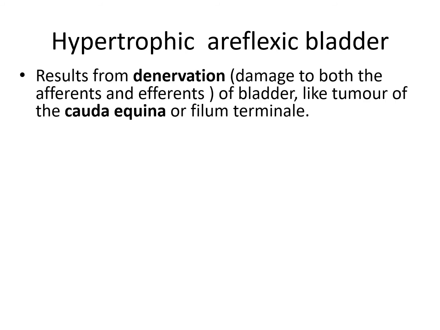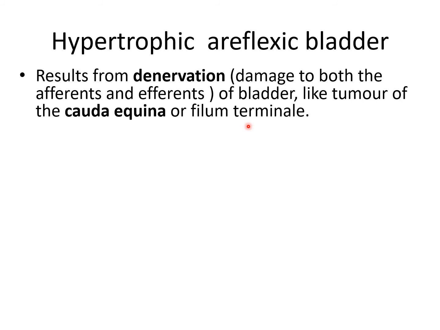Next is the hypertrophic areflexive bladder. It could be due to a motor effect, or more commonly in case of denervation of both the afferent and efferent nerves, like tumor of the cauda equina or filum terminale, or any cut injury in the sacral area.